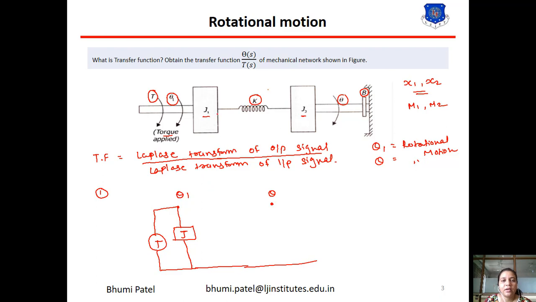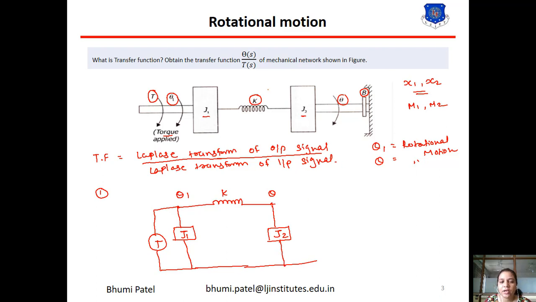K is connected between J1 and J2, where the rotational displacement of J1 is theta 1 and of J2 is theta, so we connect the spring constant K between theta 1 and theta. J2 is connected with rotational displacement theta and the ground terminal.